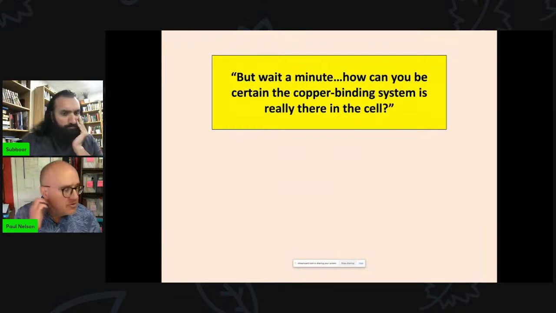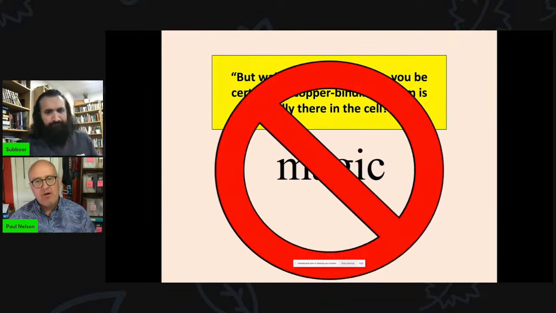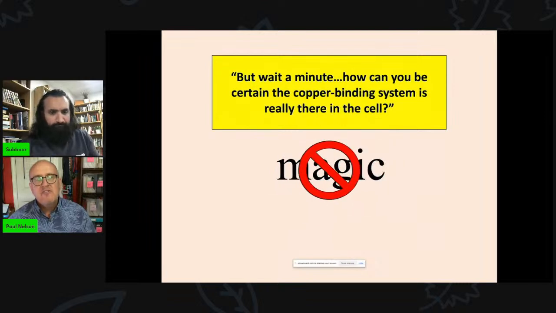Now I have a student in the class, or maybe one of you watching this right now, who says, well, how can you be sure it's there? This is how. Cells are not working by magic. They are using systems of incredible sophistication to do the tasks that they need for function, for viability.